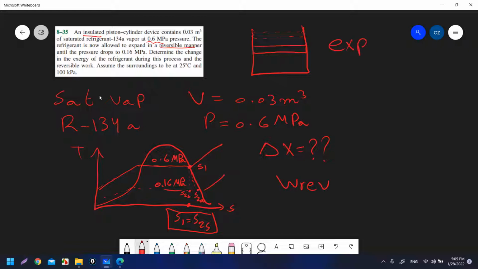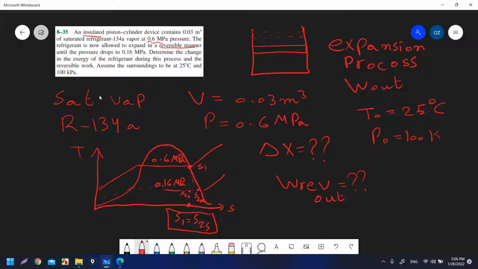We said in the previous video that an expansion process is work out, and a compression process is work in. So it is reversible work out, meaning the work that would be accomplished if this expansion process was reversible.